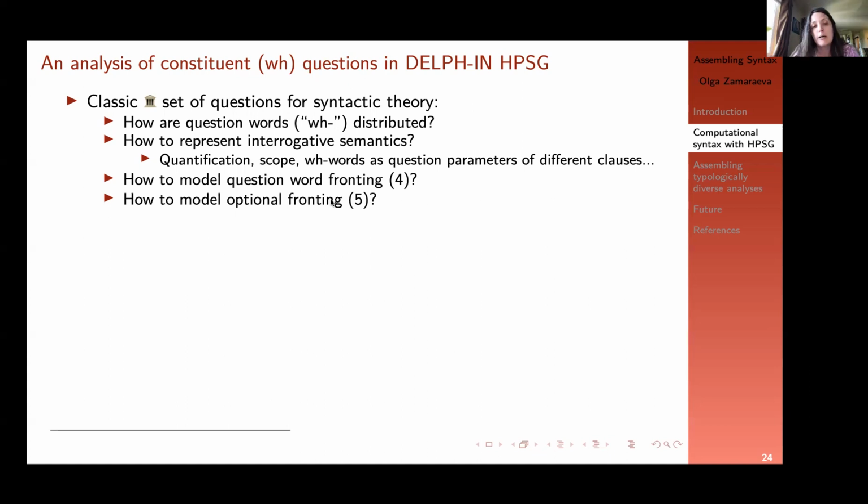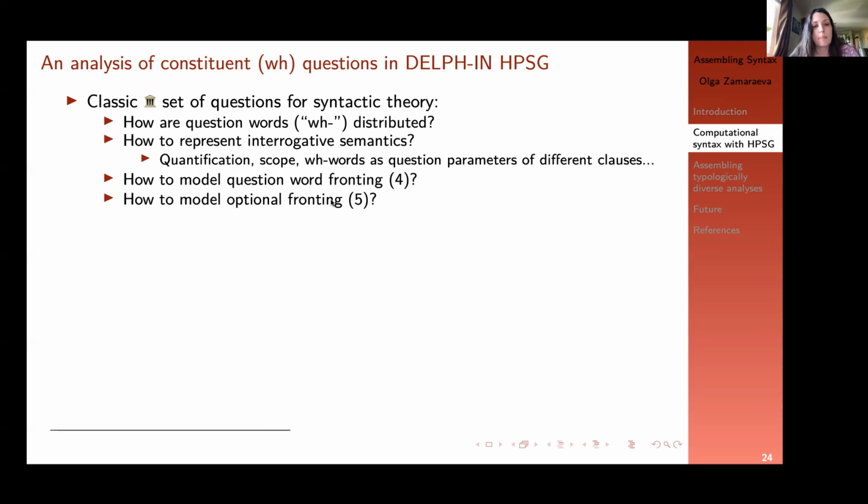There are some pretty intricate questions there which have to do with how to link the appropriate WH word, question word, with the right event in the sentence, because when you have complex sentences, it is not trivial to understand systematically how to link a question word to the right event.